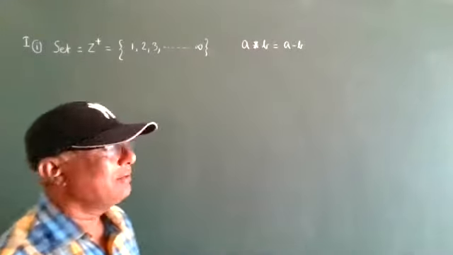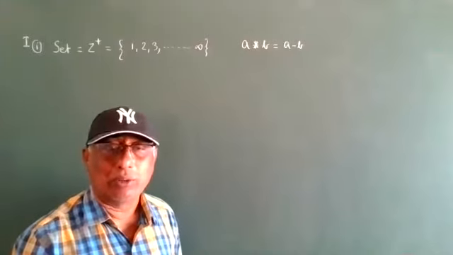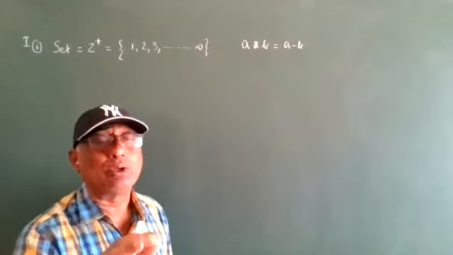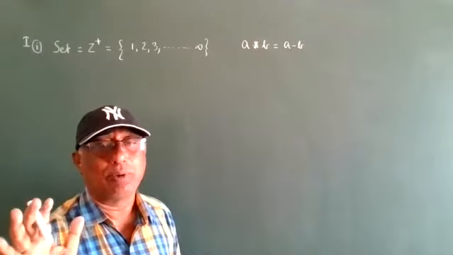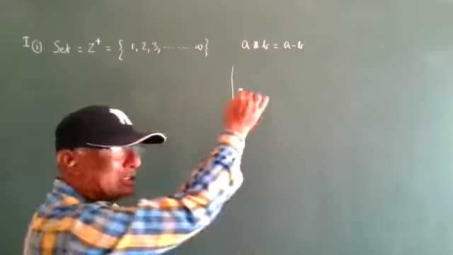Everyone observe here: if it is correct, there is no need to give an example, just write it directly. If it fails, you should write down one example. So first I will write the example, as you should in the examination also.